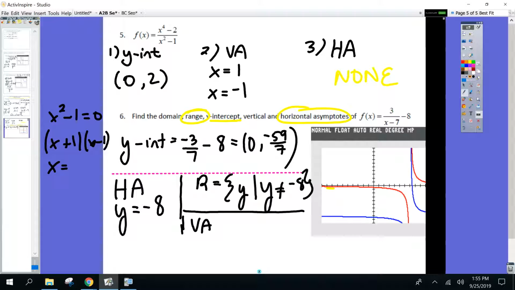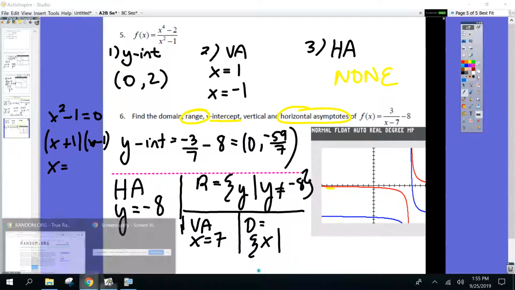So vertical, what makes it undefined? The vertical is going to be x equals 7. Whatever makes it undefined. The shift does not affect it. And then finally, what is my domain? x such that. Finish it.